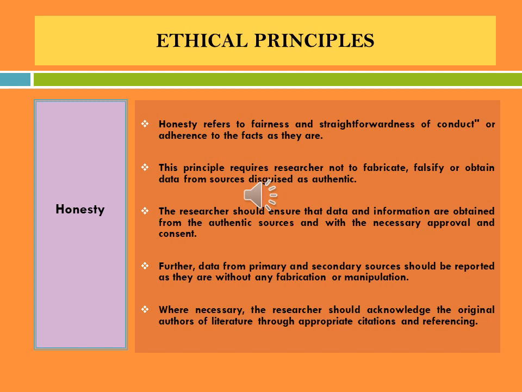Where necessary, a researcher should acknowledge the original authors of literature through appropriate citations and referencing. This is important. It is necessary for researchers to ensure that any idea they have used to enhance the understanding of their research, and which is not originally theirs, is acknowledged by citing the authors of those particular original sources.